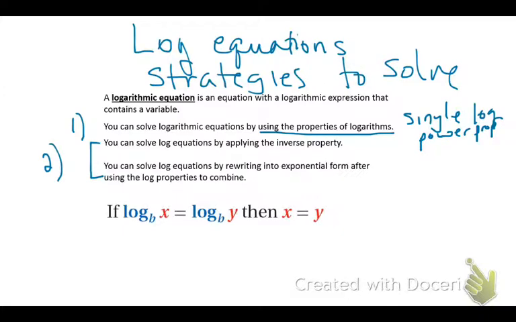You can continue to solve the log equation by applying our inverse property. And that was our second slide on the warm-up, those three that were on the warm-up, how our bases canceled each other out, okay? Or you can choose to just take your equation and rewrite it back into exponential form, and then you would proceed as you would to solve exponential.